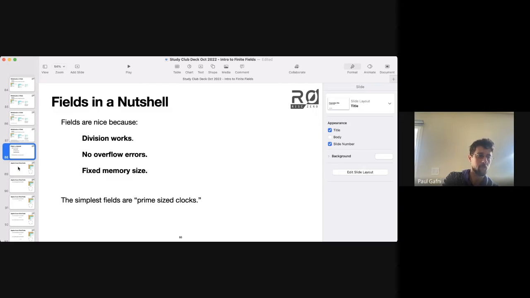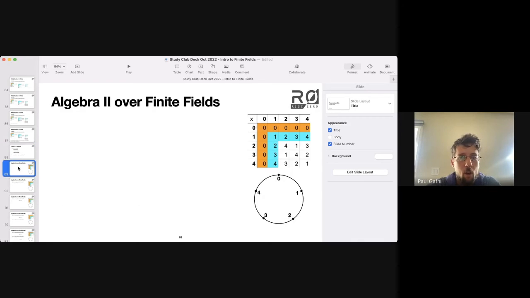Okay. So we've now kind of gotten through the K6 version of finite fields. We're going to step now into the Algebra 2 version of finite fields. So what do we try to do in Algebra 2? We typically try to solve equations.